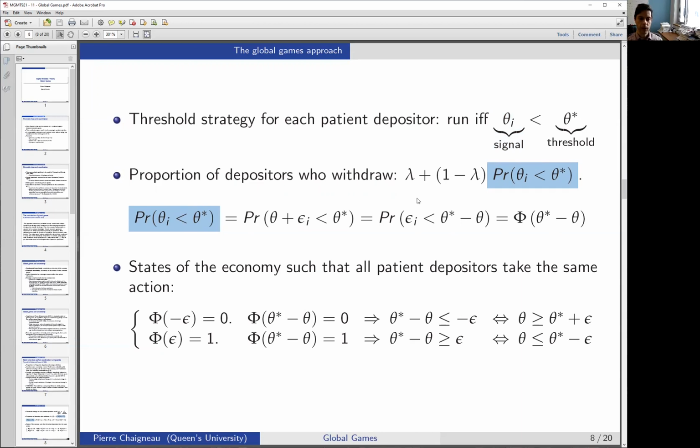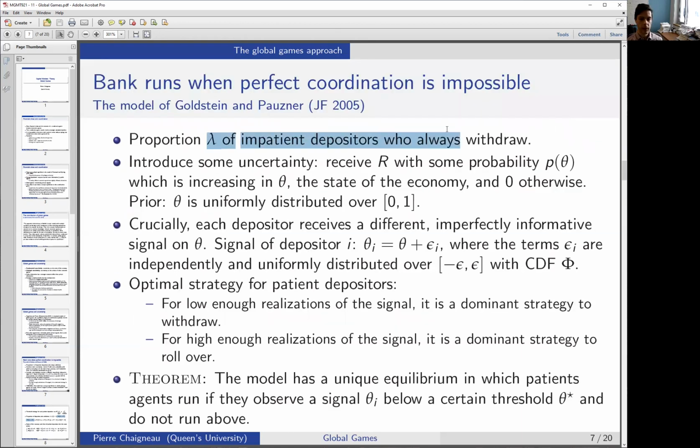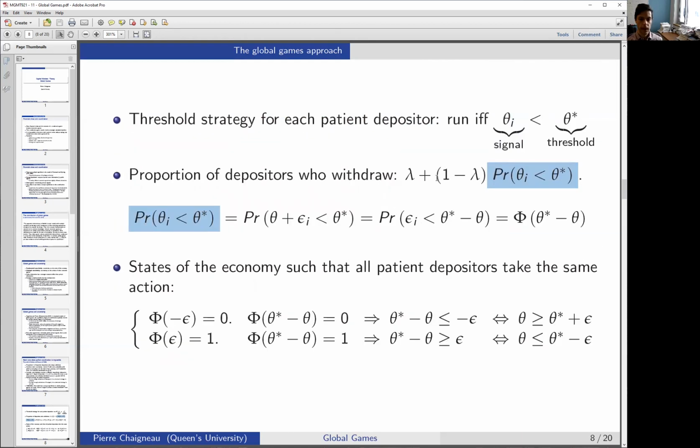So now, what is the proportion of depositors who will withdraw? There's a continuum [0, 1] of depositors. There's always a fraction lambda who withdraw no matter what. These are the impatient depositors. And then among the fraction 1 minus lambda of patient depositors, only those that receive a signal below theta star are going to withdraw.